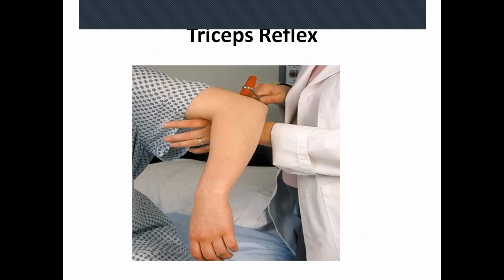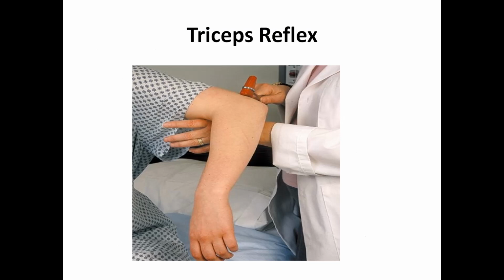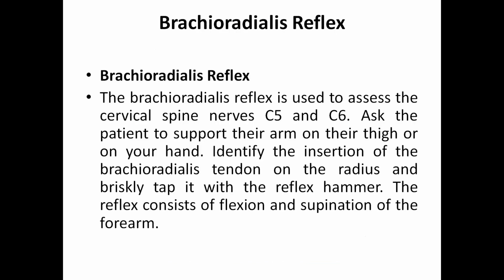This is a picture depicting the triceps reflex. You could see where it is being tapped with a reflex hammer. The next is the brachioradialis reflex. This reflex is used to assess the cervical spinal nerves C5 and C6.